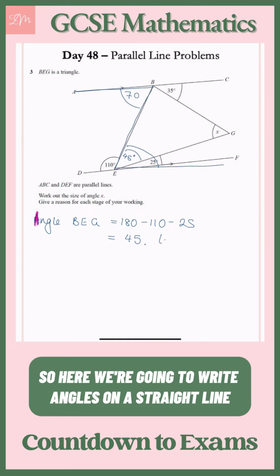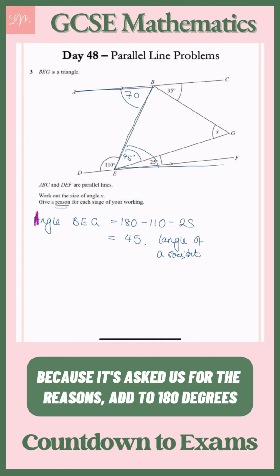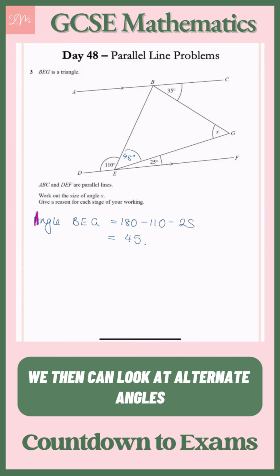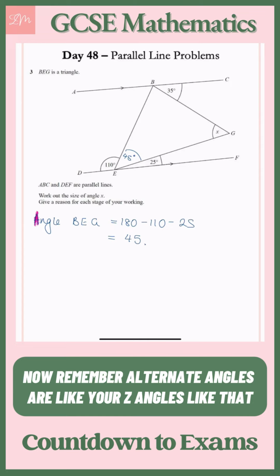Okay, so here we're going to write angles on a straight line add to 180 degrees because it's asked us for the reasons. We then can look at alternate angles. Now remember, alternate angles are like your Z angle like that.